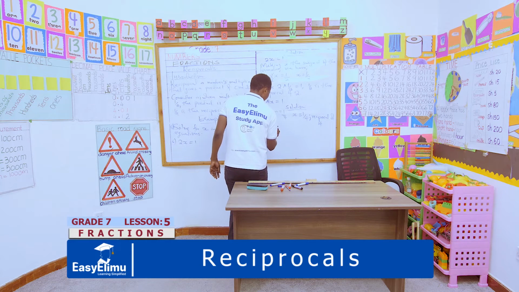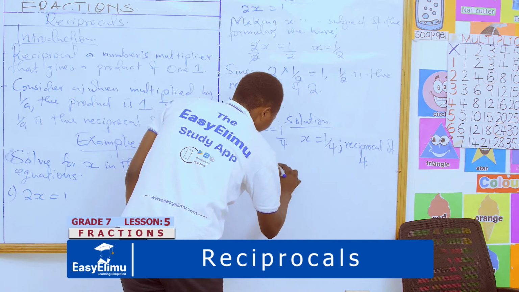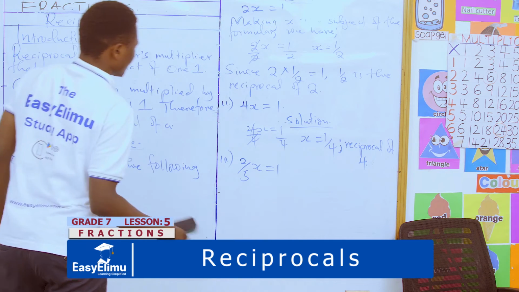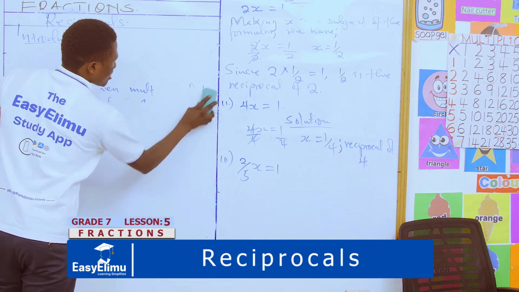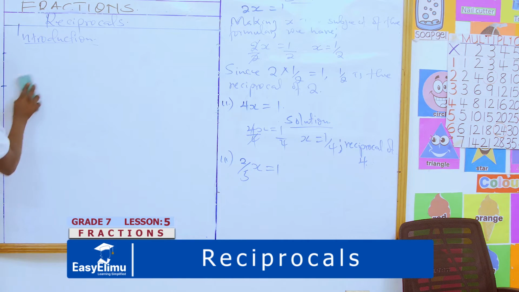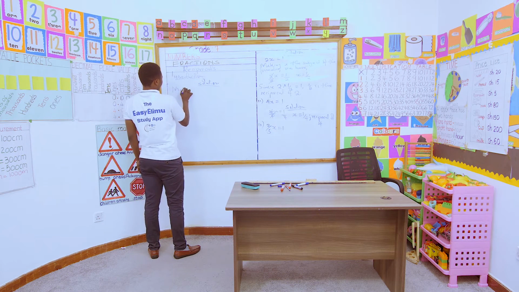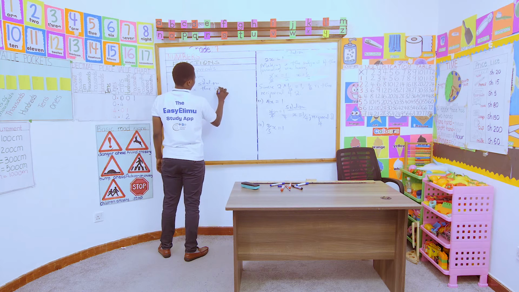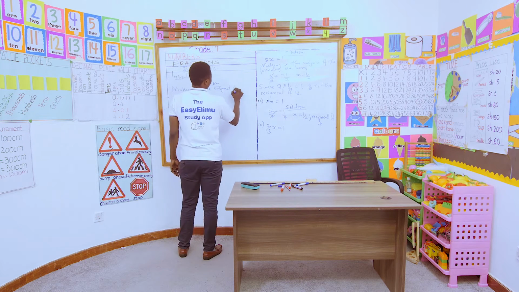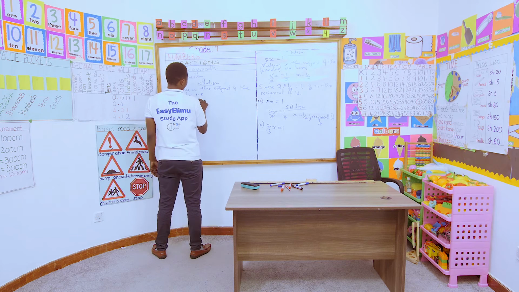Roman 3, 2 over 5x is equal to 1. So here, solution, make x the subject of the formula, i.e. 2 over 5x is equal to 1.